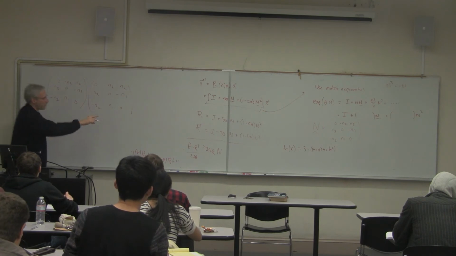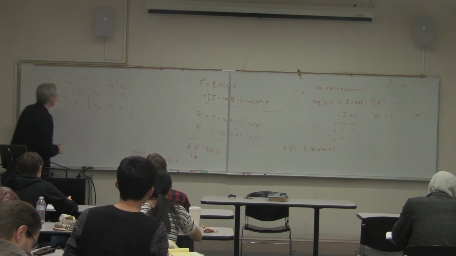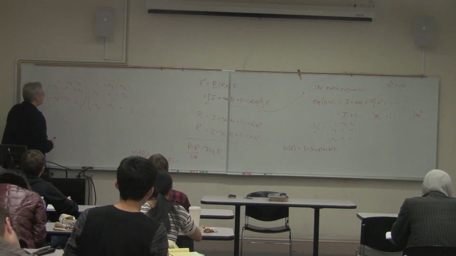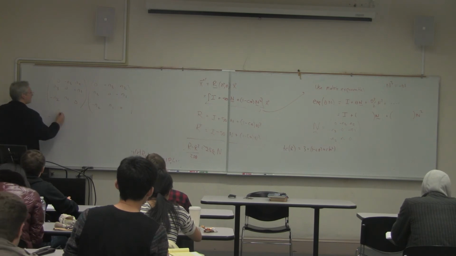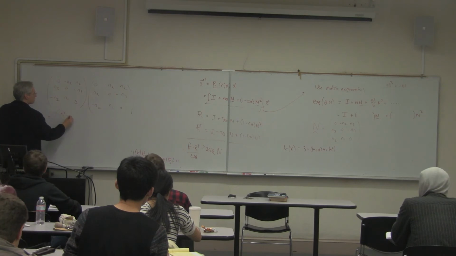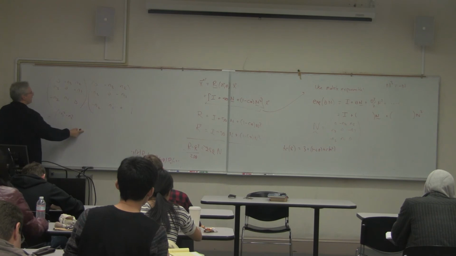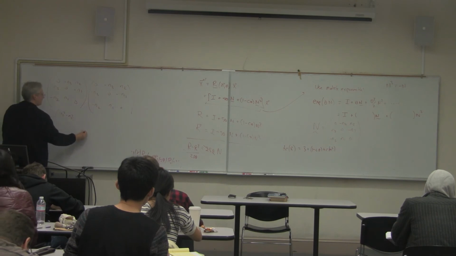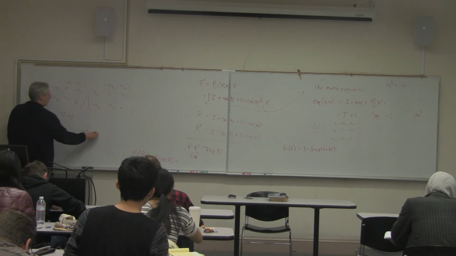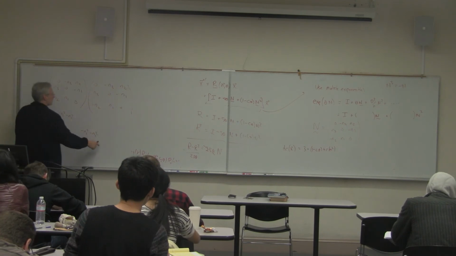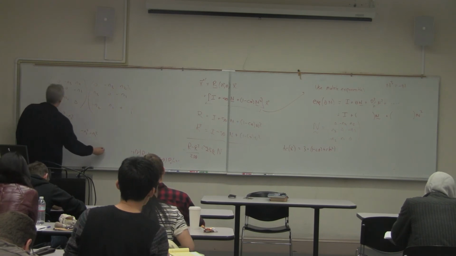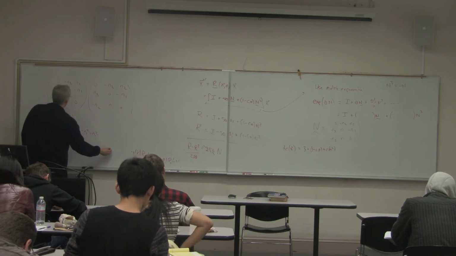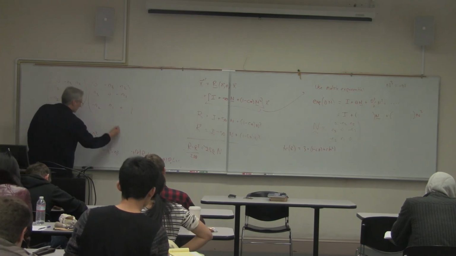That's all I really care about when talking about the trace. So on the diagonal, I'm going to get a negative n3 squared minus n2 squared up here. The next diagonal entry is going to be negative n3 squared minus n1 squared. And then the last one is going to be negative n2 squared minus n1 squared.